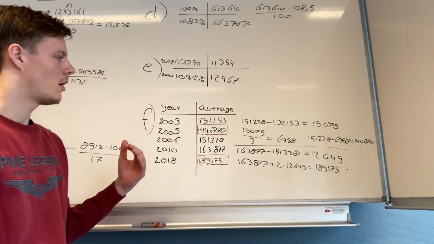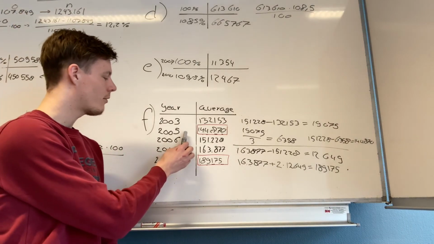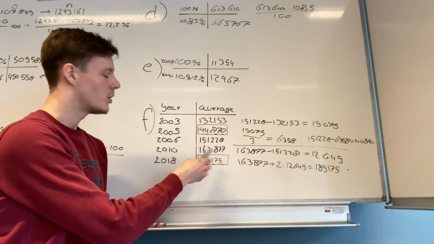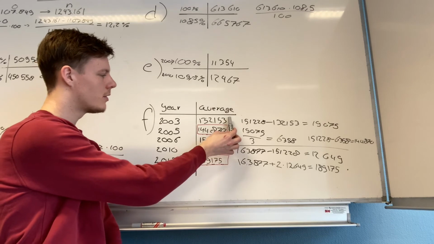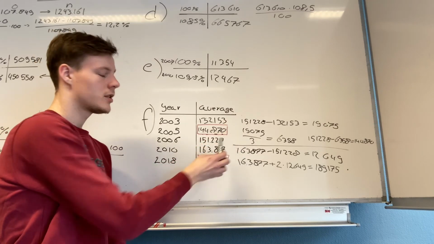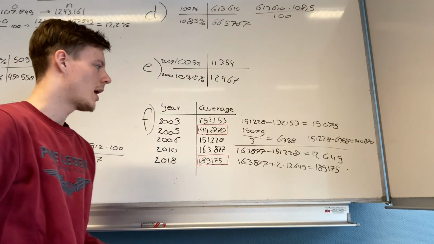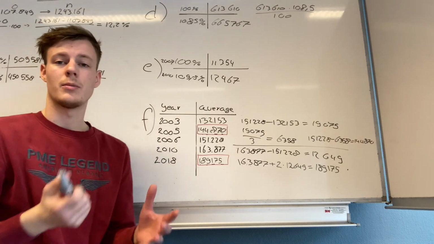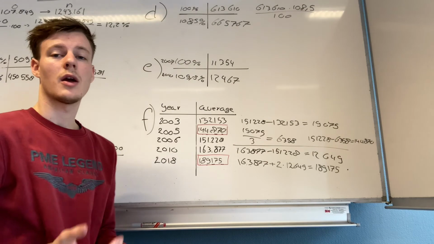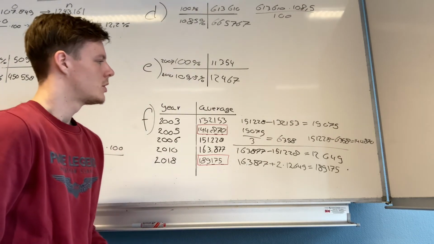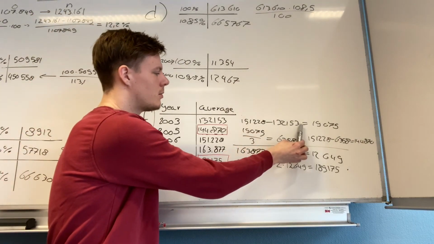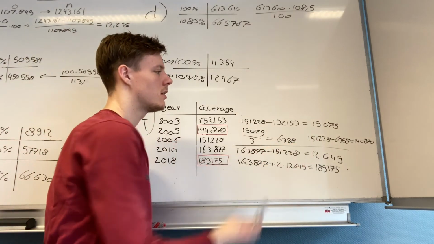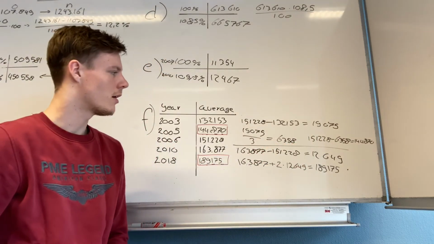So first I want to know the average of 2005. What you do is you take the difference of the years outside of it, and you think about how many years are in between them, because then you can calculate the increase per year. So what you see is that the increase per 3 years is 19,075.